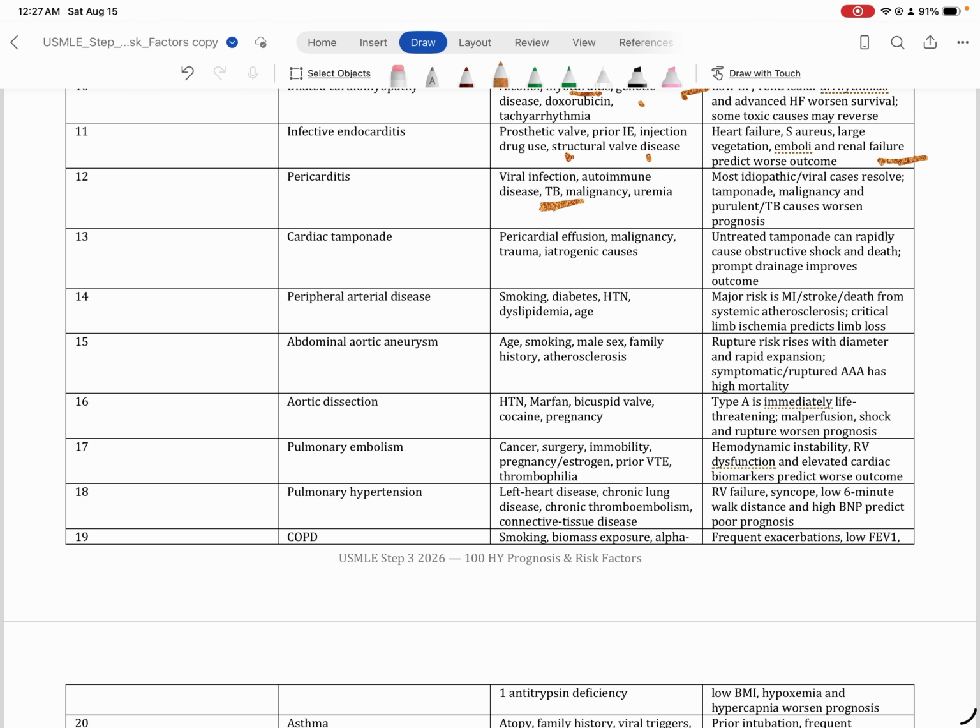And malignancy can cause pericarditis, especially if there is some mediastinal mass like Hodgkin's lymphoma. Prognosis of pericarditis: most commonly it is idiopathic and can be from viral causes as well. Once the underlying pathology resolves, the pericarditis also resolves. Tamponade, malignancy, and purulent pericarditis if the patient has TB can cause worsening prognosis.